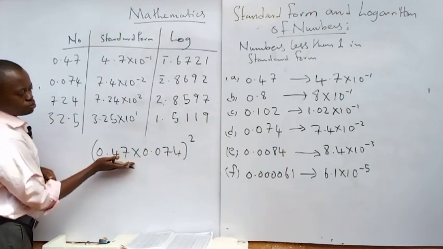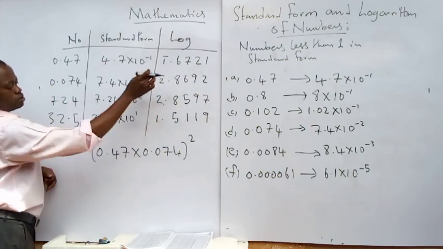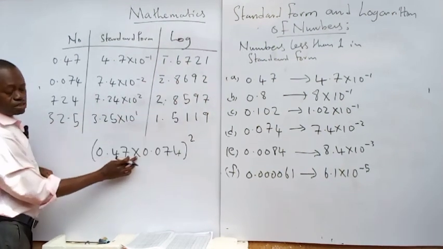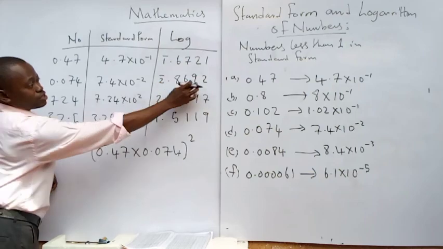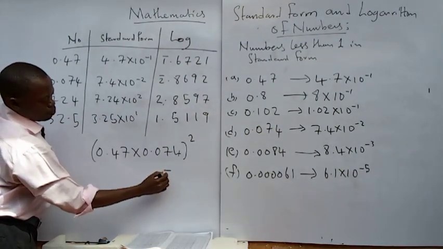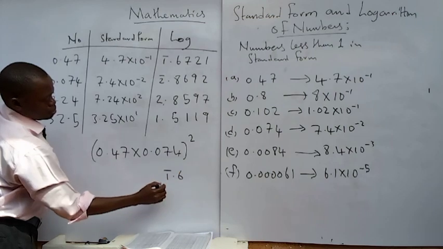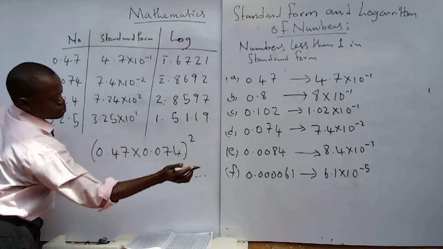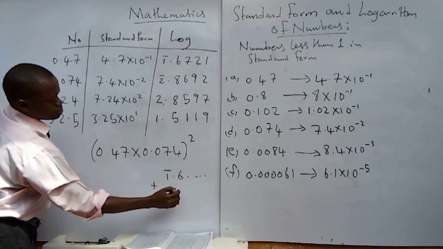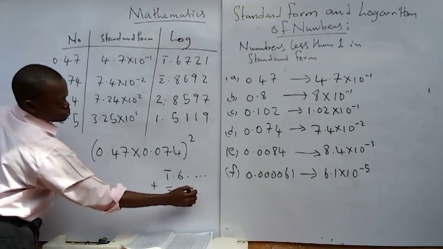So how will one be able to do this? You have found the logarithm of this, and you have found the logarithm of this. By this multiplication, you are going to add their logarithms. In adding their logarithms, you are going to encounter bar 1.6, and so on, plus bar 2.8, and so on.